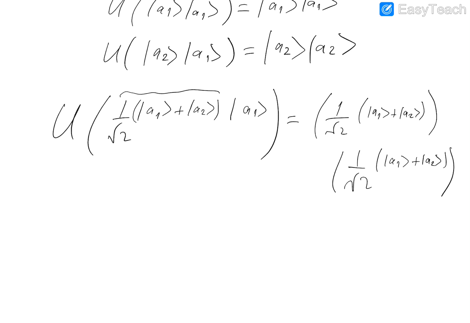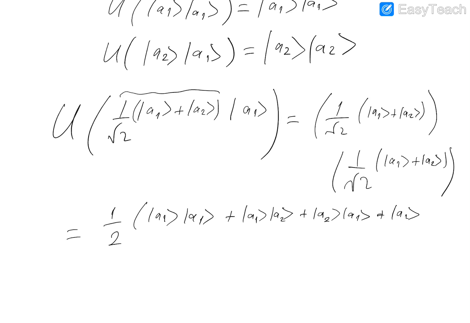Okay, and if we distribute this, this is equal to 1 over 2 (A1 A1 plus A1 A2 plus A2 A1 plus A2 A2).